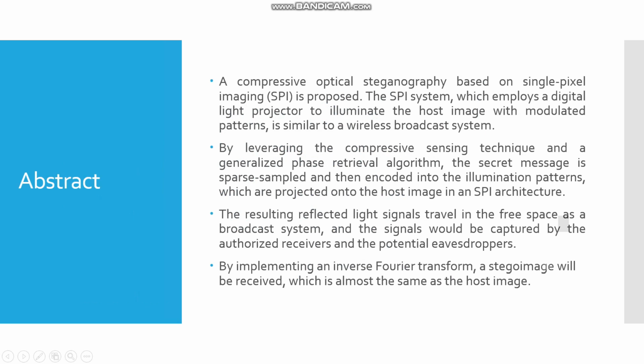So this research is based on compressive optical steganography based on SPI, which is basically single pixel imaging. It employs a digital light projector to illuminate the host image with modulated patterns, similar to a wireless broadcast system.